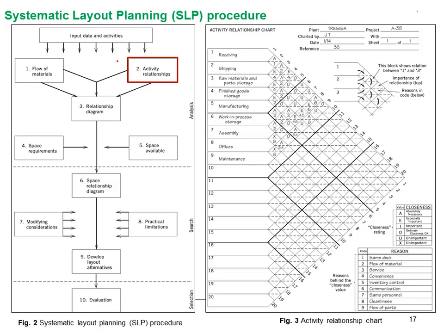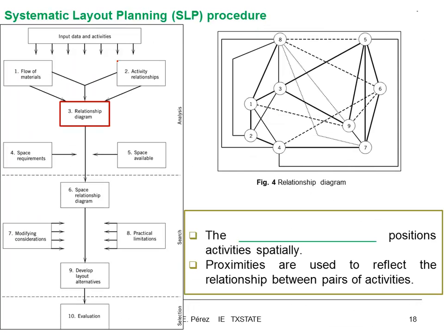So using those two tools or strategies, then we can come up with a relationship diagram, which is the next step. And this looks like a network model. You basically have the nodes representing the departments, and you're going to connect those departments with relationships within your facility.